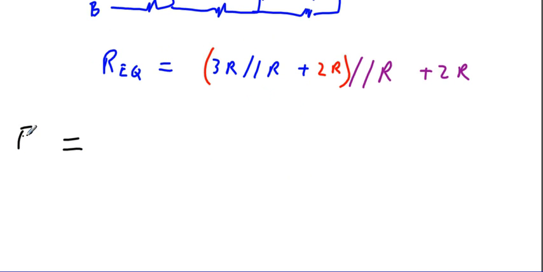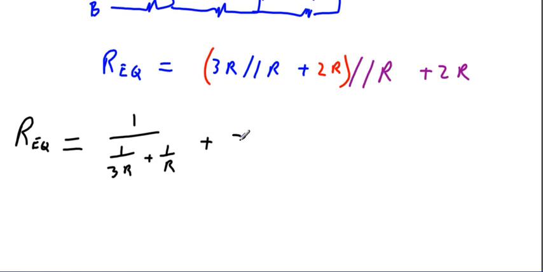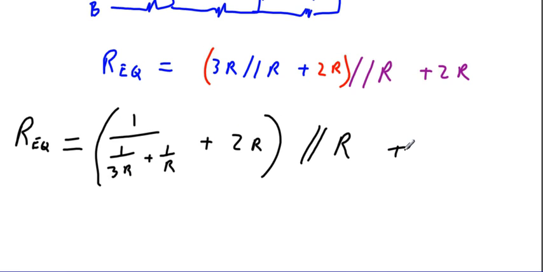Okay, so the equivalent resistance, if I could spell either equivalent or resistance. Oh, that's really bad. Much better. Okay, so I'm going to have 1 over 3R plus 1 over R, plus 2R, in parallel with R, plus 2R.